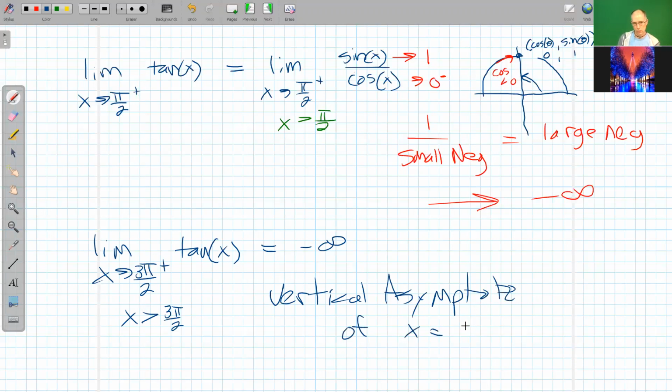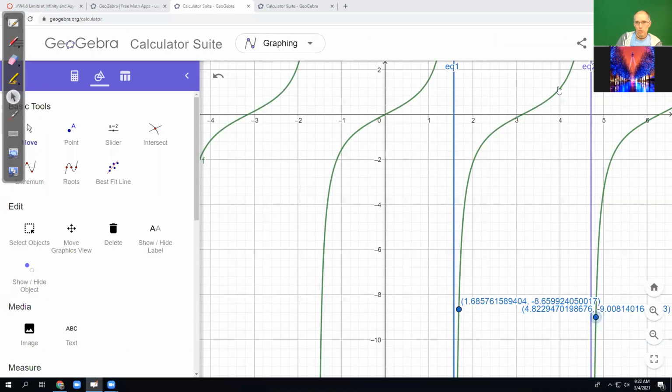Of x equals pi over 2 in the first case, x equals 3 pi over 2 in the second case. And in general, we can make a generalization on that by realizing how far these two are apart. They are pi apart. If you subtract pi over 2 from 3 pi over 2, you find they're pi apart, and that happens every pi, which is kind of cool.